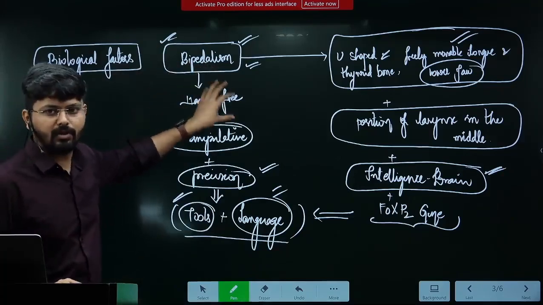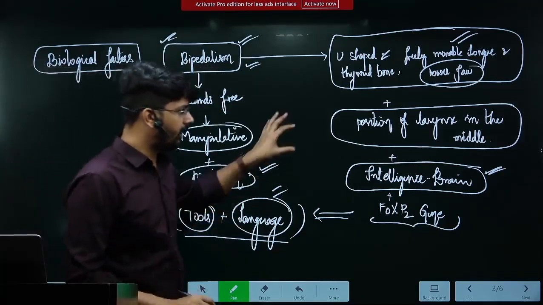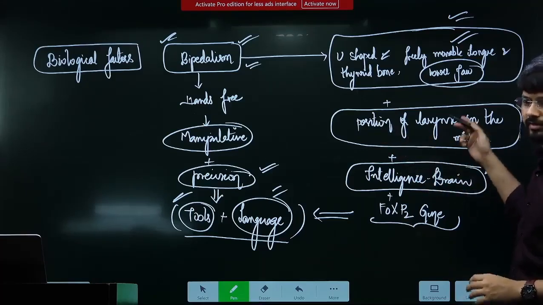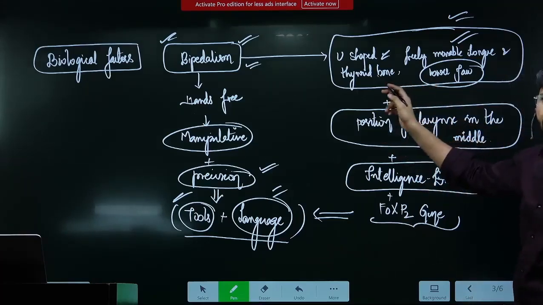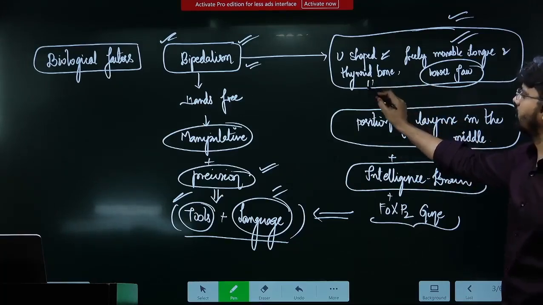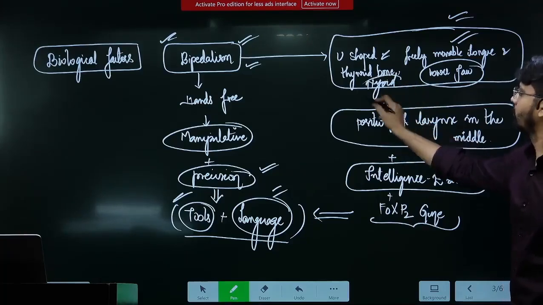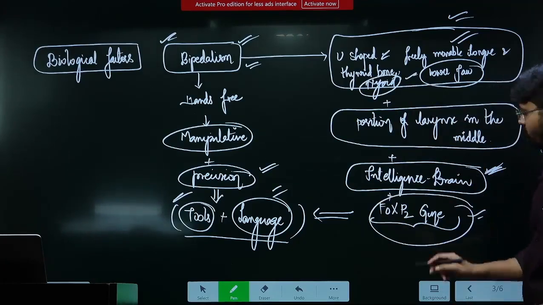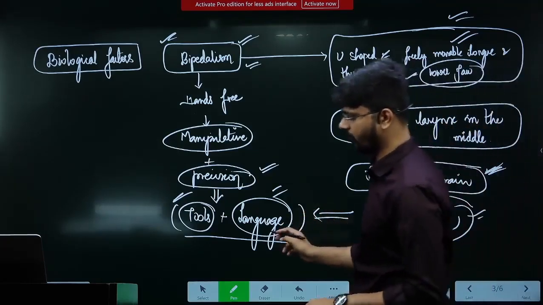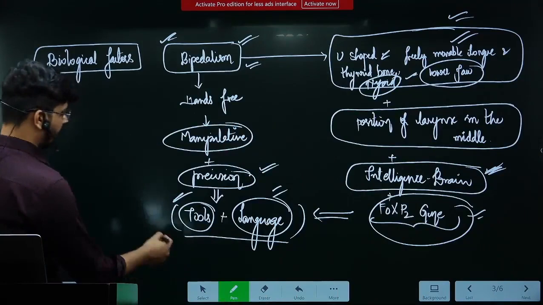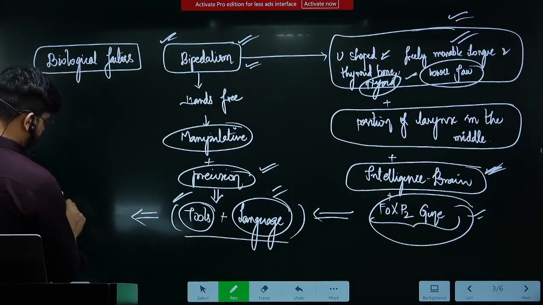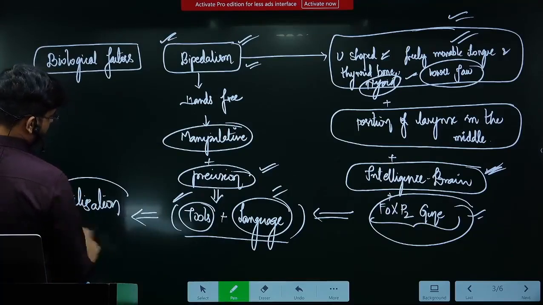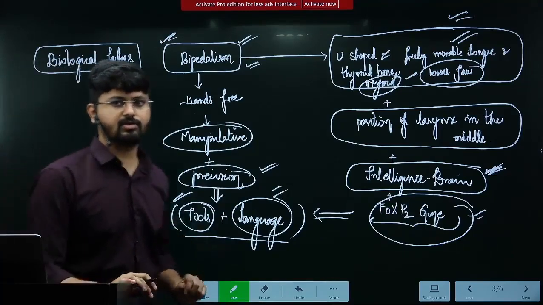Here bipedalism in a way led to the development of tools, and you have various other developments because of bipedalism: the larynx, the thyroid bone or hyoid bone as you call it, and a gene called FOXP2. Because of this there is a development of language. Now tools plus language has led to civilization. So this is how biological evolution has led to cultural evolution.